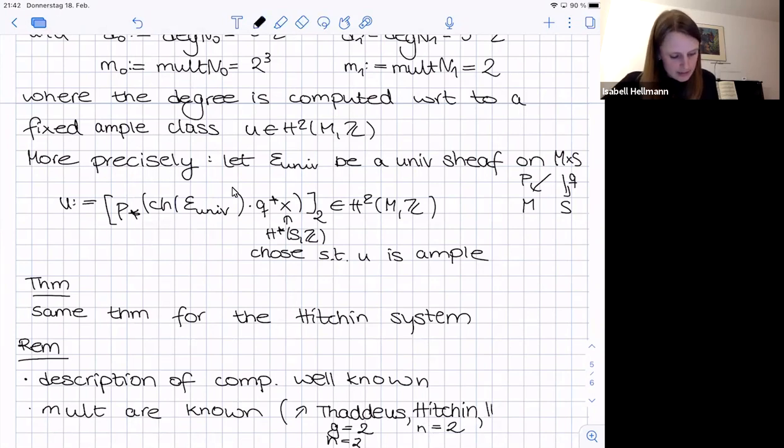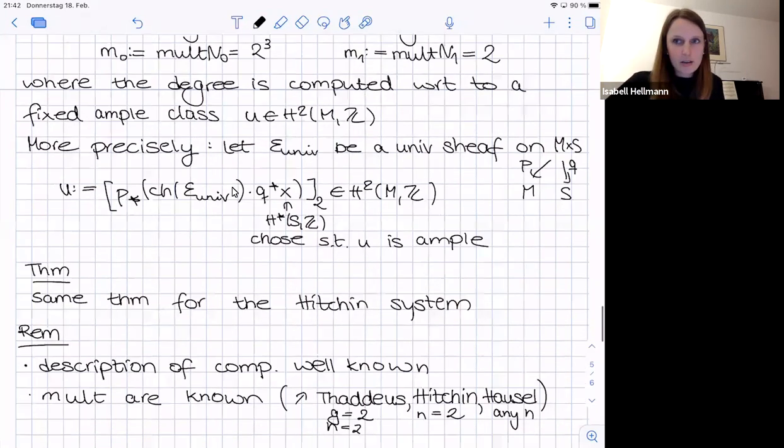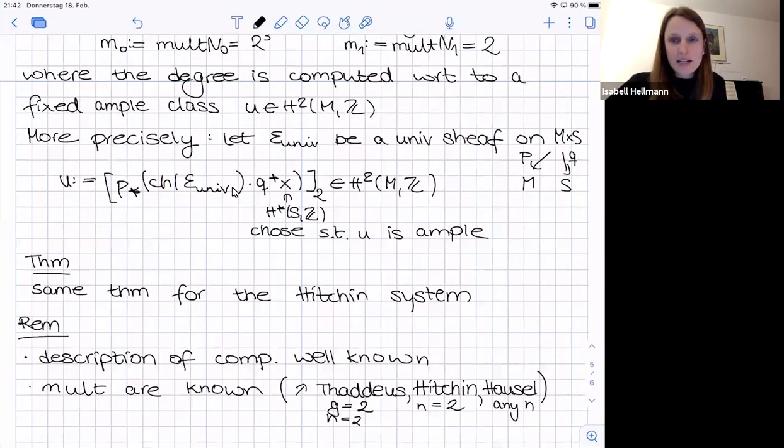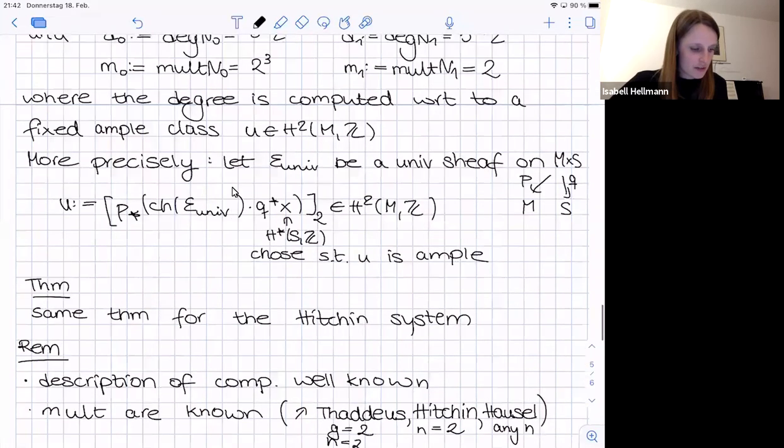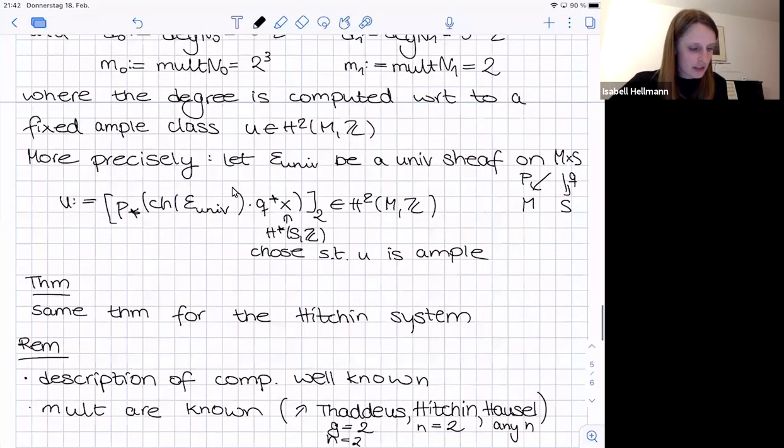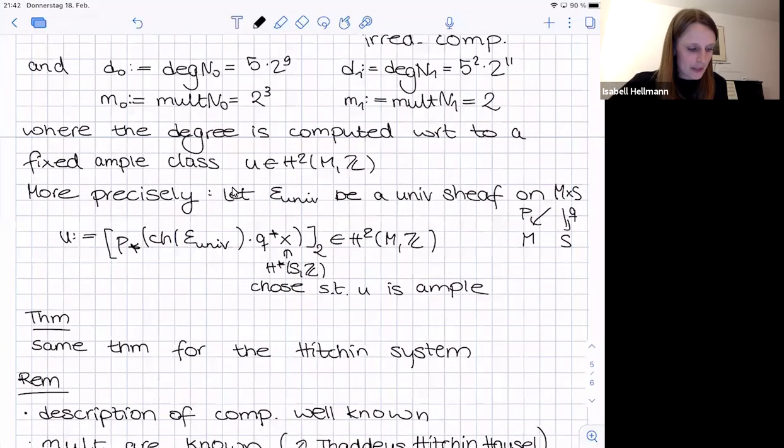And there's a recent project by Tamás Hausel for any n. So they all compute the multiplicities, but no one has thought about the degrees so far, which is actually interesting because in my case, I compute the degrees first, and then I can conclude what the multiplicities are from knowing the degrees.